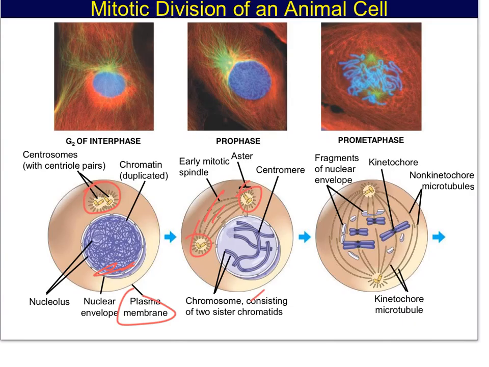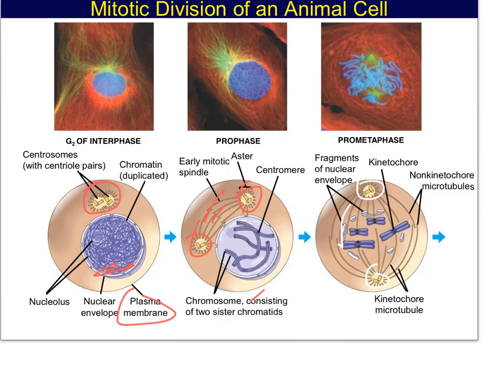Now in prometaphase, a number of things happen. The nuclear envelope has started to break down. Of course, the centrioles have gone to either end.